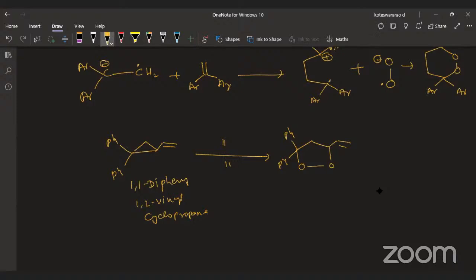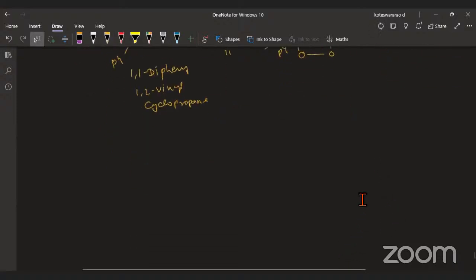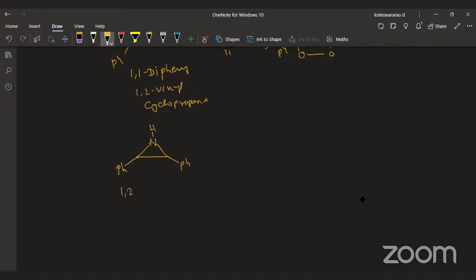Similarly, aziridine can also participate in the reaction, a nitrogen three-member ring, 1,2-diphenylaziridine. Under the same reaction conditions, we will get the dioxazole.